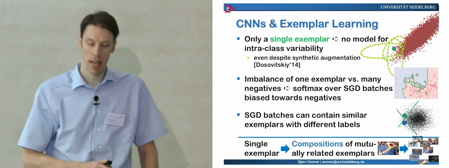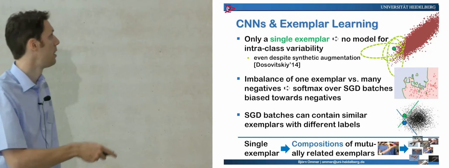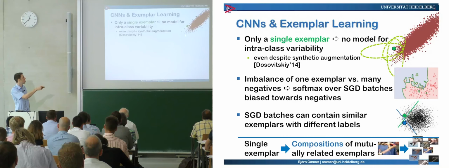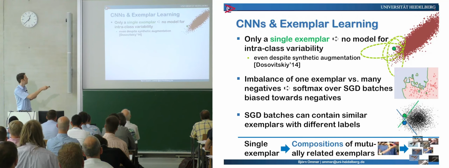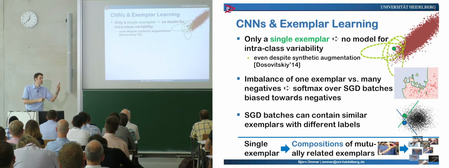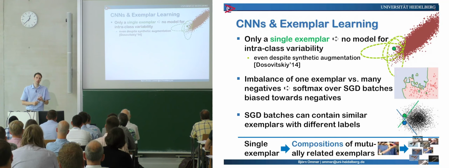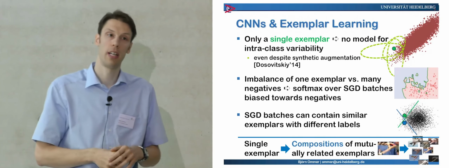However, the problem with exemplar-based approaches is that you're having your single positive, you're having lots of negatives here, but you cannot model the intra-class variance of the positive class. You don't know if it looks something like this, this, or this, and that's what you're truly interested in. You want to know what the birds look like, not just what separates this one exemplary bird from all of the other animals. And you want to have a model for this positive class, but you're not provided with that.